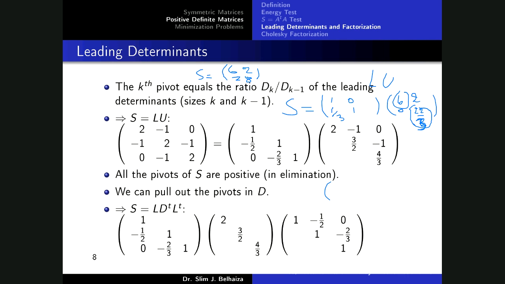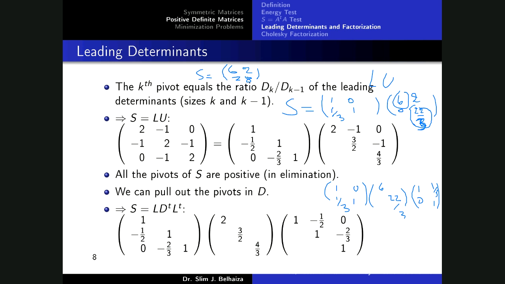So I can write it like this: 1, 1/3, 1, 0, and here in between I'll get 6, 22/3, and again I'll get the transpose of this. So 1, 1/3, 0, 1. Beautiful. Now I can get the roots.